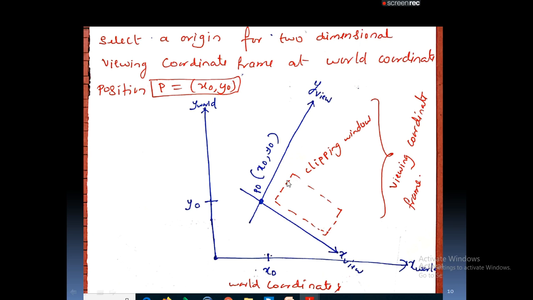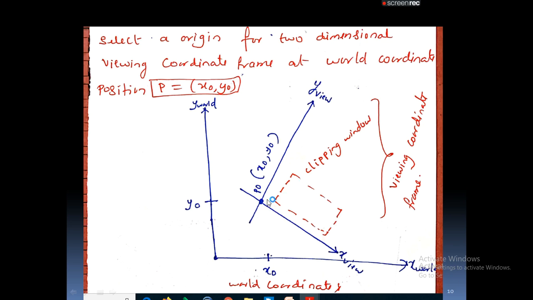Please see the mouse pointer. I have defined one rectangle. This is the shape of the clipping window, and assume that we have defined some standard position. Now this rectangular clipping window we defined with respect to the origin P naught.